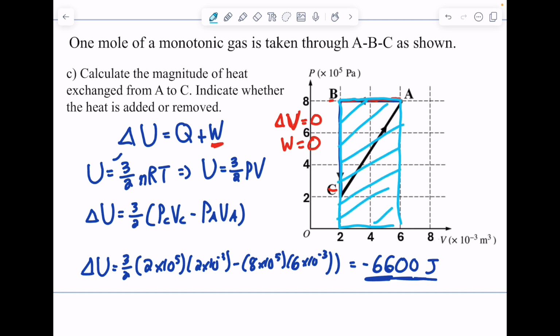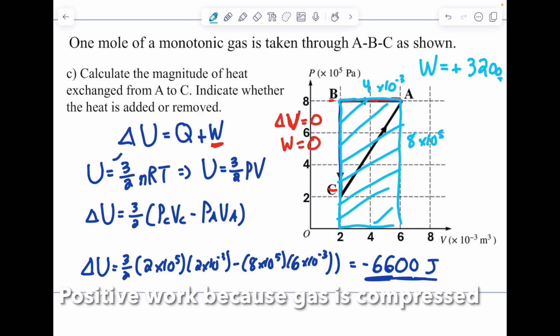Now, this shaded region is a rectangle, so to find the area, there's a height of 8 times 10 to the 5th, and a width of 4 times 10 to the negative 3rd. If I multiply those two together, I find that the work is positive 3,200 joules.